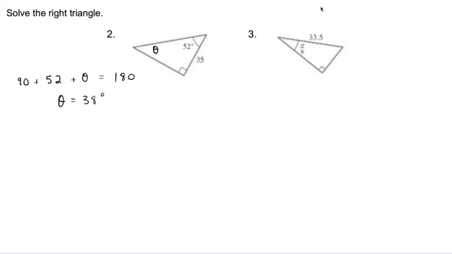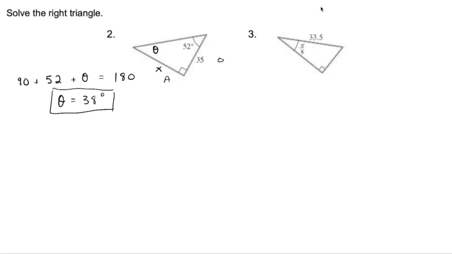So now we need to solve the entire triangle. So first, I'm going to find the adjacent side. I'm going to label it X. So we have the angle. Now we need the adjacent side. I'm going to use opposite and adjacent, the tangent function.